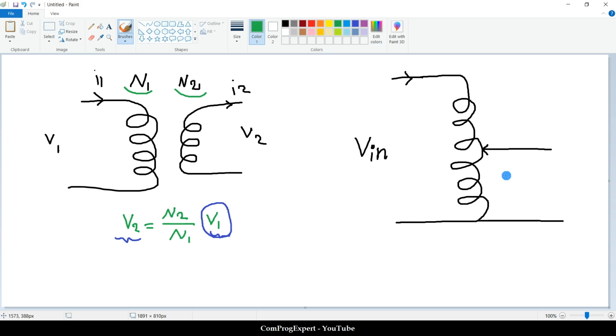We can change the value of V out by changing the position of the tap where we get the voltage. So in this case, as you can see, we have one coil, and we have electrical connection between the input voltage and output voltage.